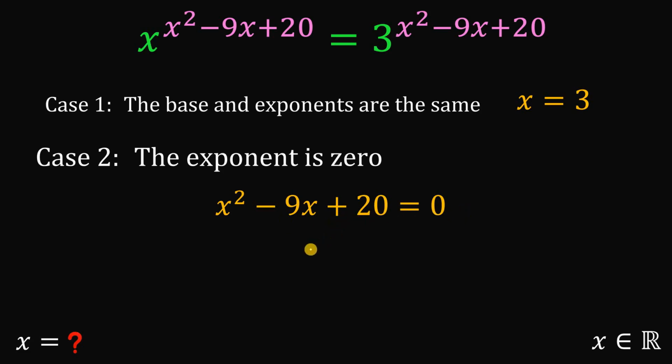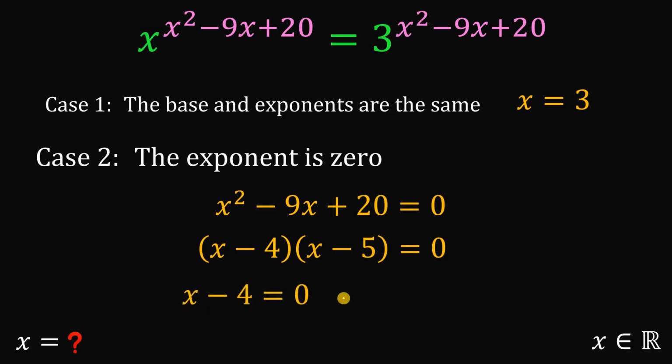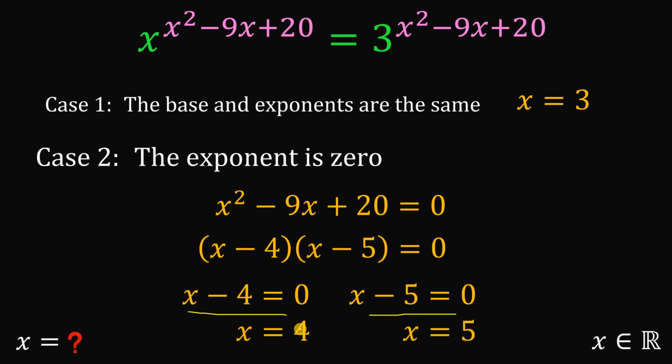Take note that we can factor this nicely as x minus 4 multiplied by x minus 5. Now, since it is equal to 0, at least one of them is equal to 0. So we can say that x minus 4 equals 0 or x minus 5 equals 0. It follows that in the first equation x equals 4, and in the second case x equals 5.